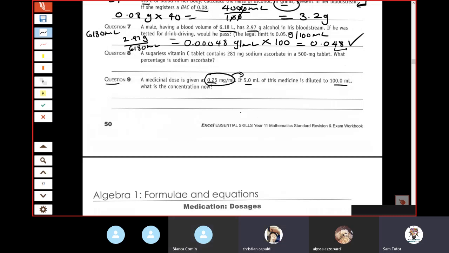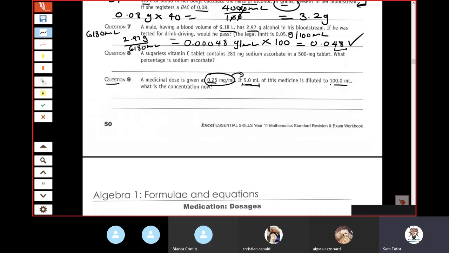Do you understand that? Let's say you were taking Panadol and the size was only 5 mils, then you would have had 0.25 milligrams of whatever this particular medicine is within this size.